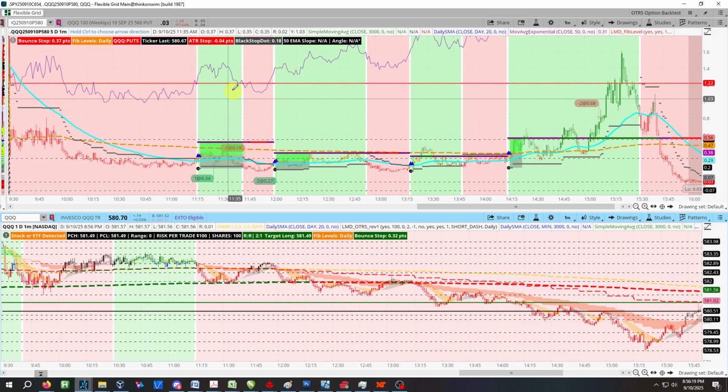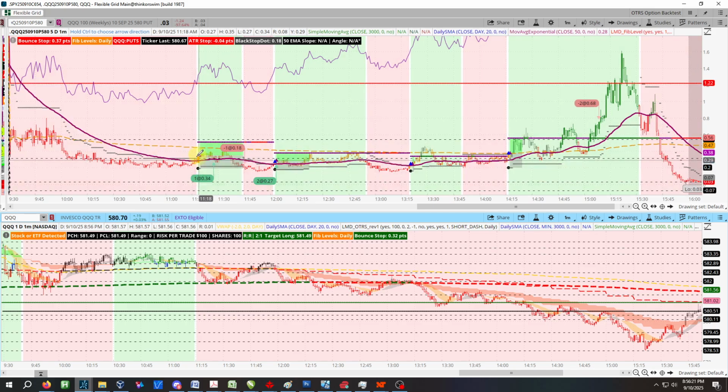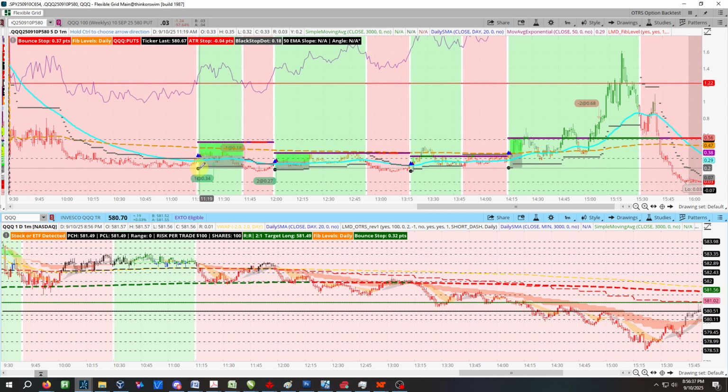It's fairly simple. You see this blue triangle? When that forms, all you want to see is that plum one come right behind it. That's the signal, and that's the trigger. That black dot down there is the stop.